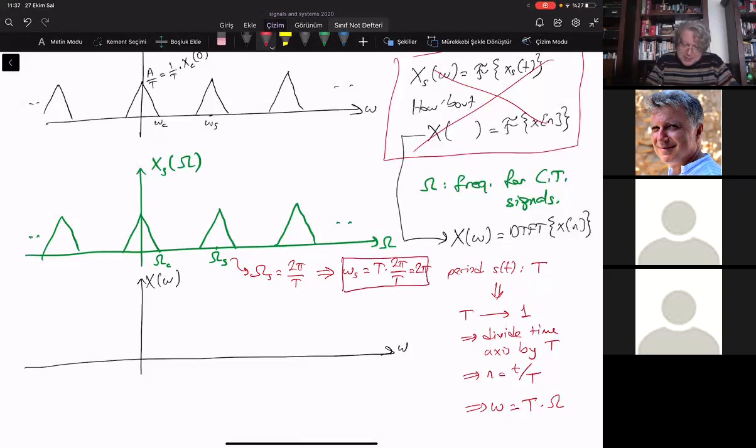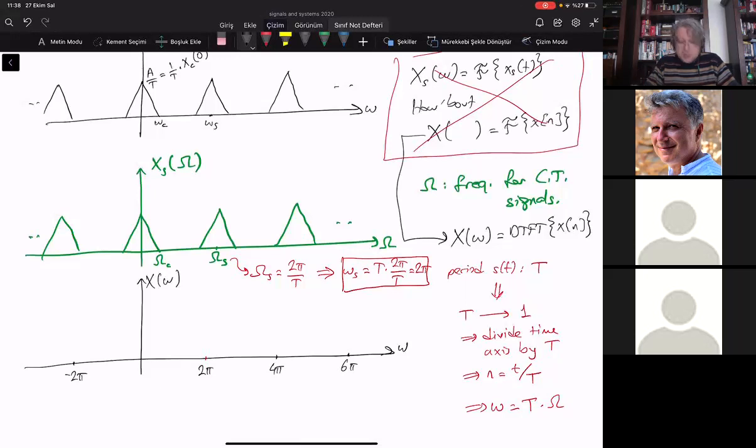The sampling frequency that I'm going to use as omega s, I'm going to erase it because it is essentially 2 pi. So I'm erasing it, and I'm going to write 2 pi. So 2 omega s will be 4 pi. 3 omega s will be 6 pi. Minus omega s will be minus 2 pi.